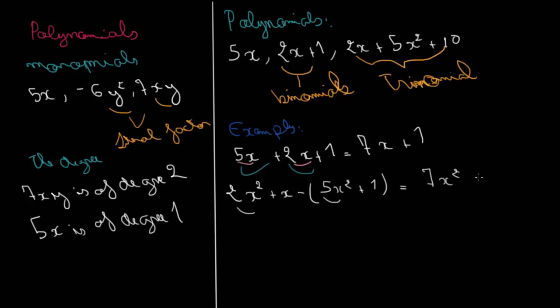And I notice there is no term that has the same degree as x, so I just write it alone there. And then I just add 1. And this is a polynomial of degree 2.